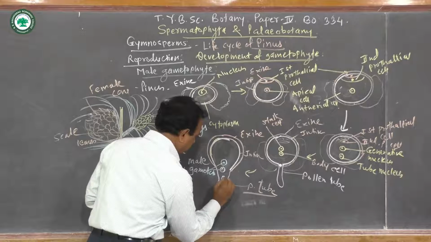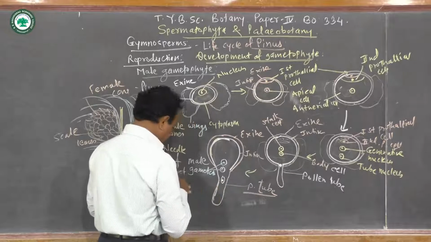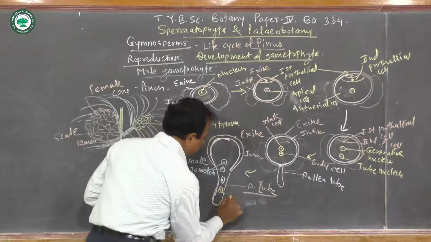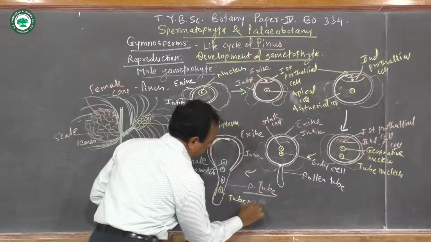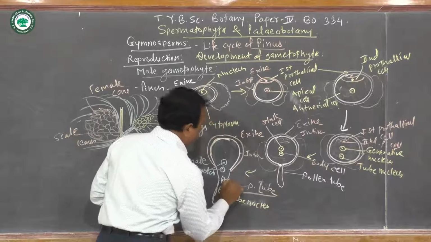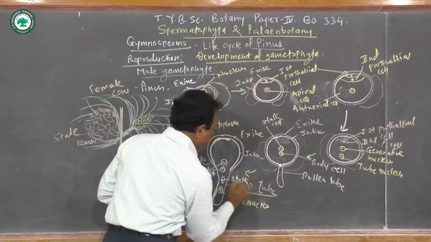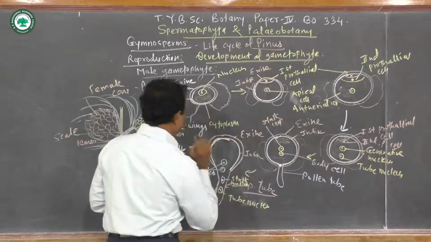So this is the stalk cell and this is the tube nucleus or tube cell. This is the stalk cell or stalk nucleus, and this is the pollen tube.